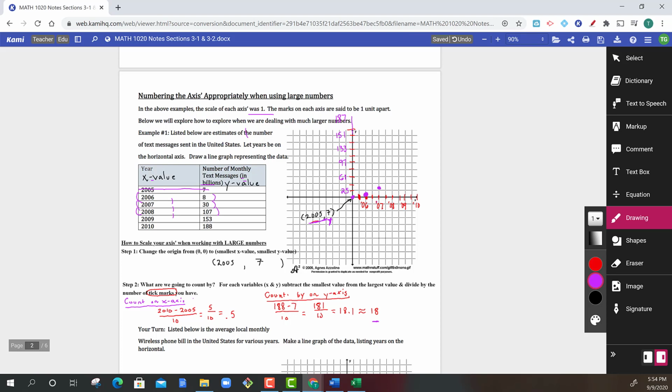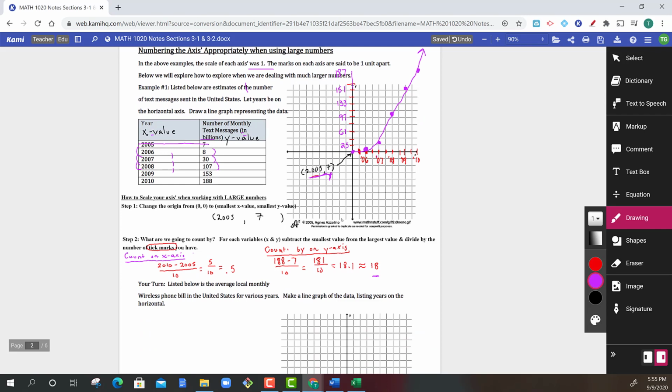Again, this is just really our best estimate. 2009, 153. And 2010, 188. So this one's a little bit off the graph. And then we're going to connect the dots with a smooth curve. It may not be possible to draw a curve that hits every single point perfectly because it's just a scatter plot. But you can kind of connect the dots and see that's kind of an exponential function.